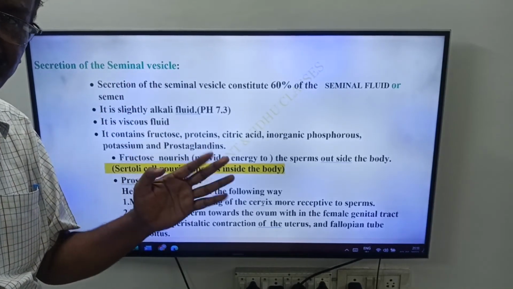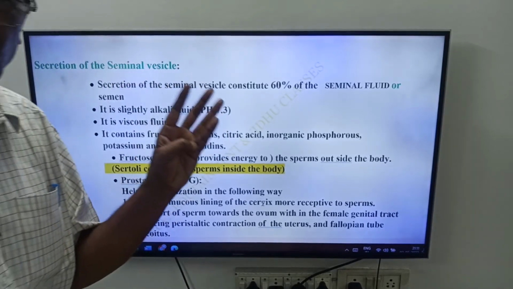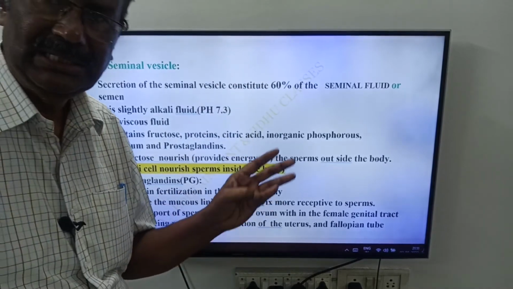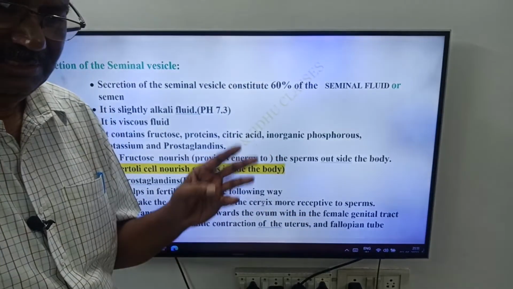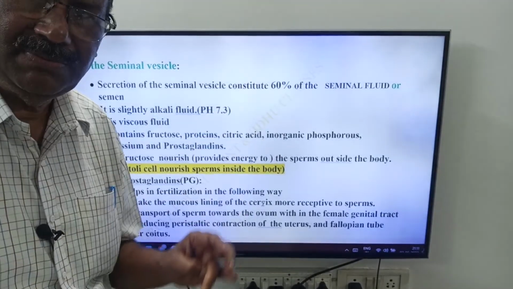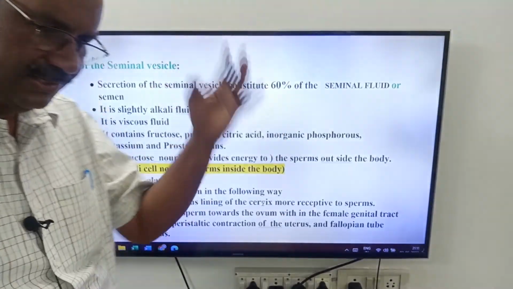Friends, the secretion of the seminal vesicles has fructose, proteins, citric acid, inorganic phosphorus, potassium, and what? Very, very important, friends, prostaglandins.